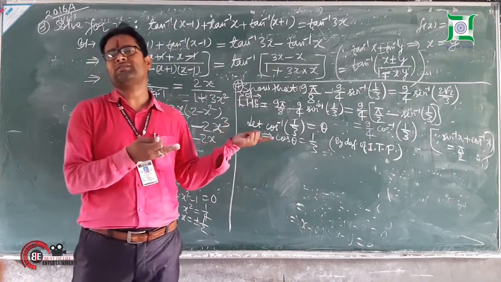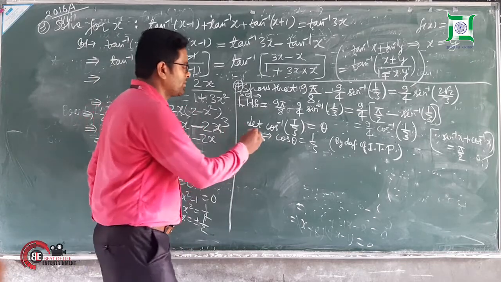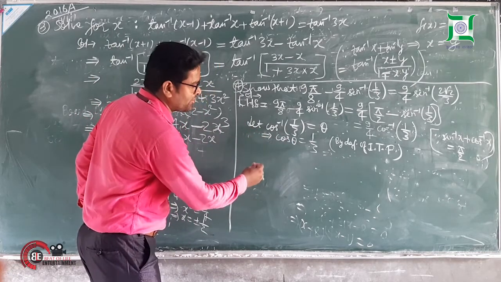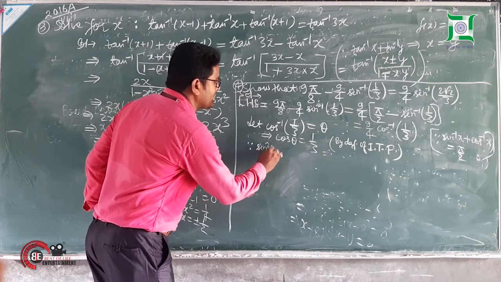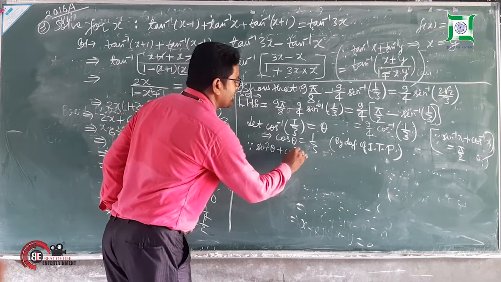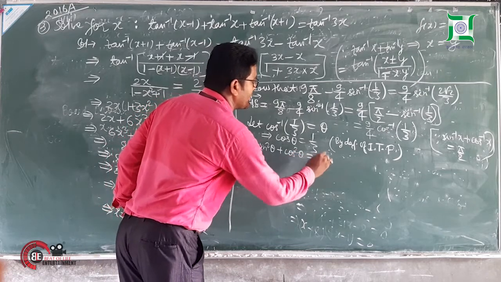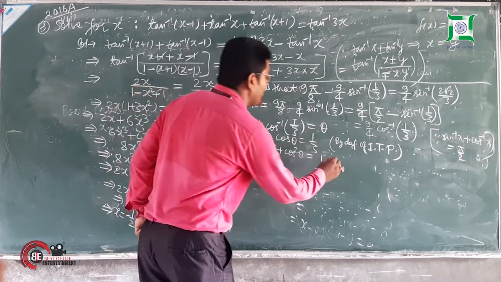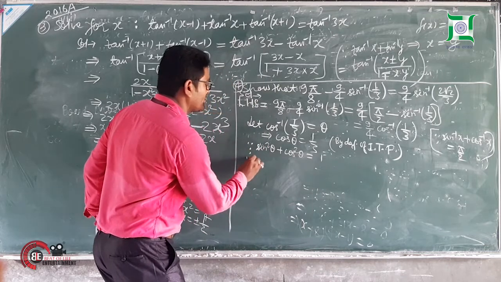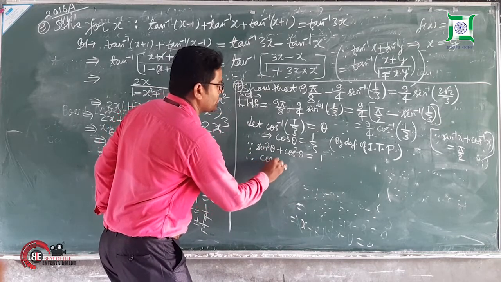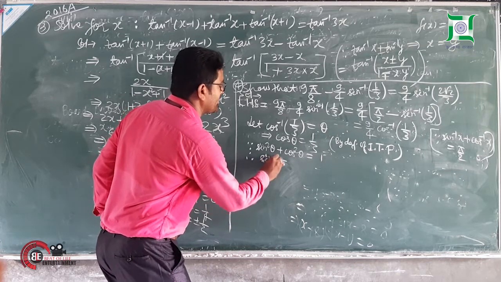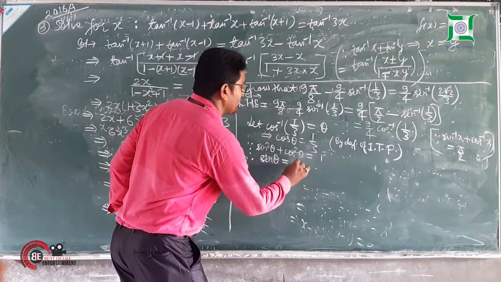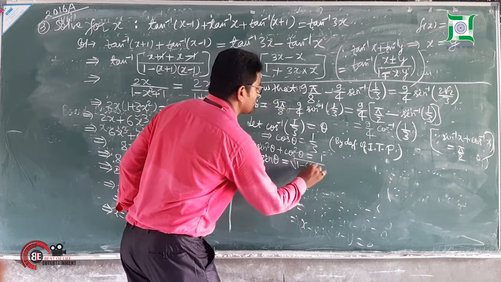You can easily apply that simple formula. Since sin square theta plus cos square theta is equal to 1, sin theta will be root under 1 minus cos square theta.